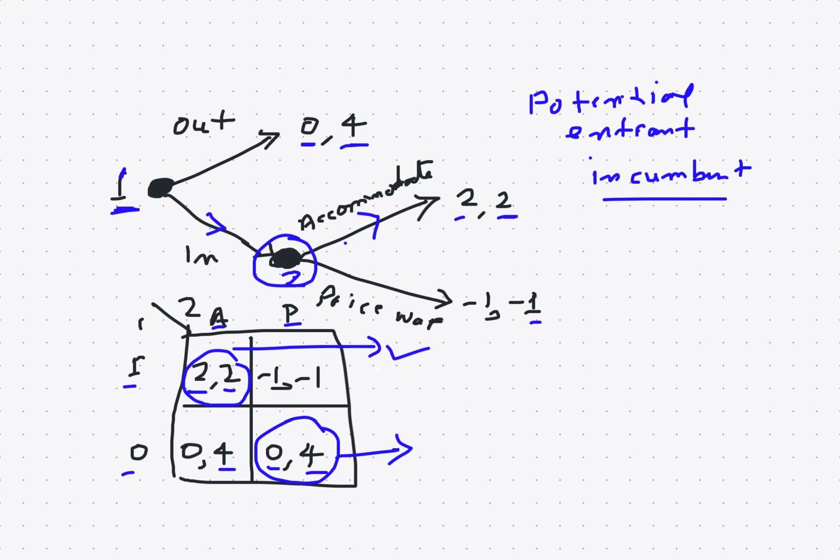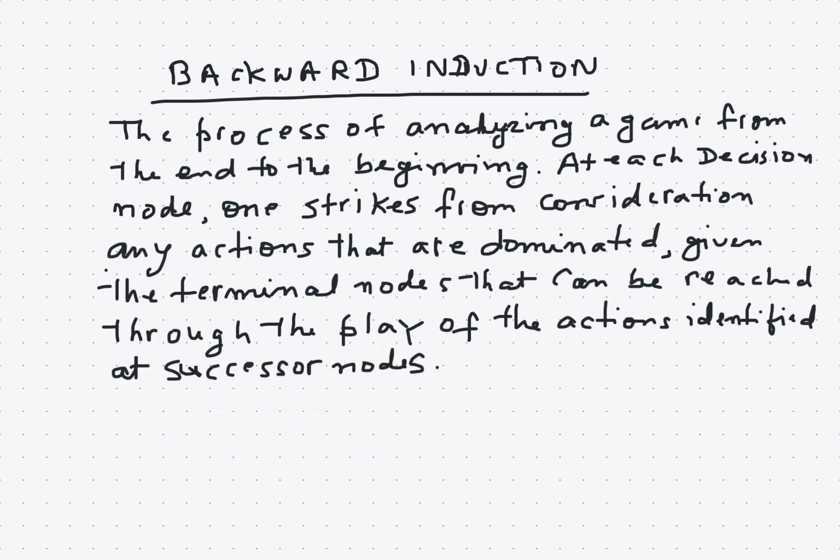Next, let's look at the solution concept of the backward induction argument. Backward induction is the process of analyzing a game from the end of the game to the beginning of the game.